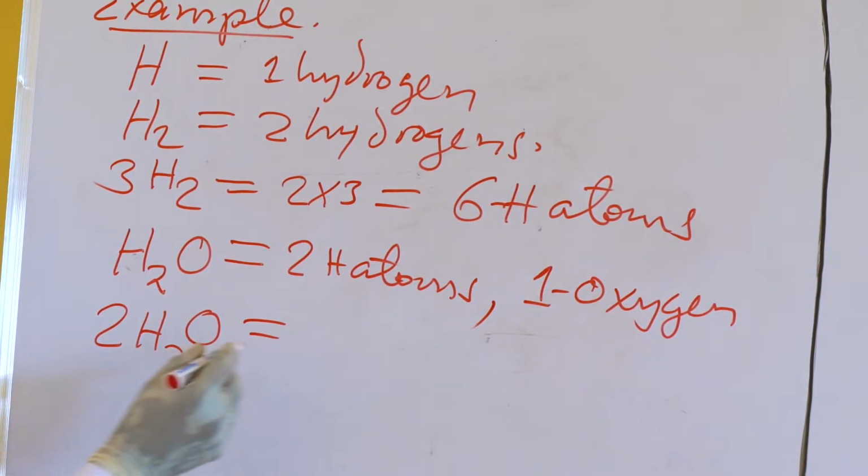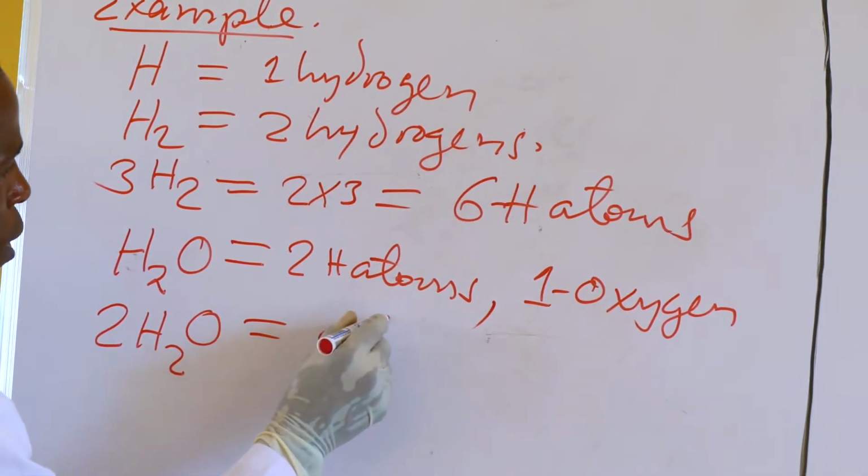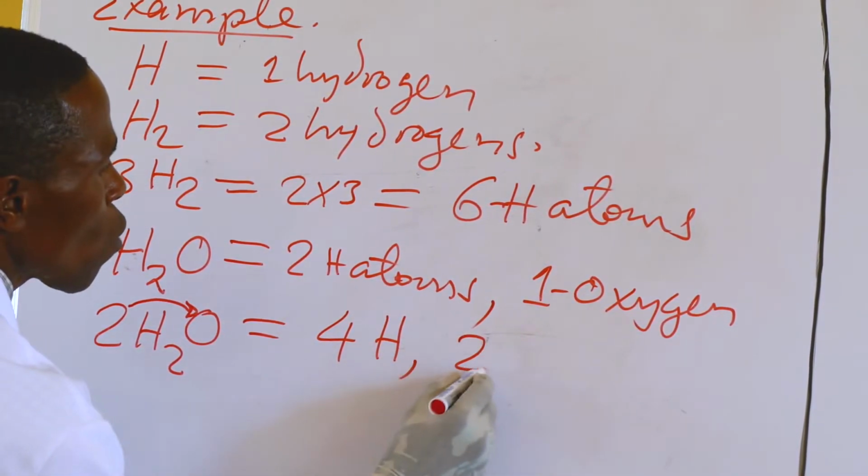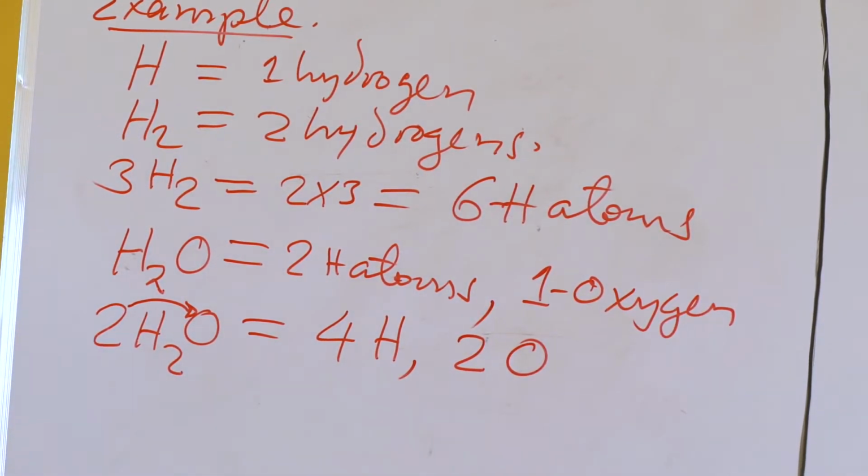So we have a total of 4 hydrogen atoms. And because this number counts all atoms in front of it, we have 2 oxygen atoms.